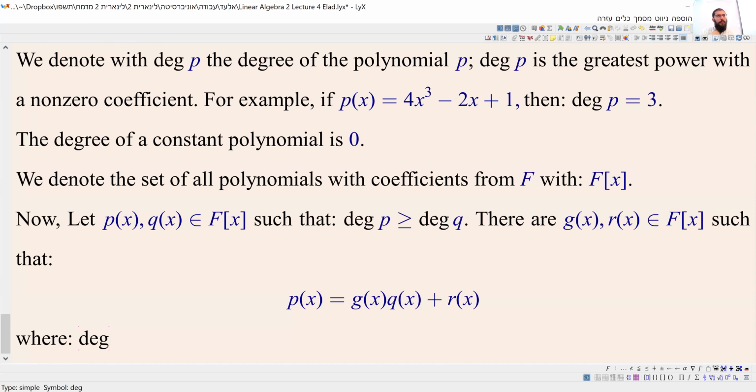Smaller than Q. I mean, let's say you divide by x to the power of 3, the remainder should be maximum x to the power of 2, not more.